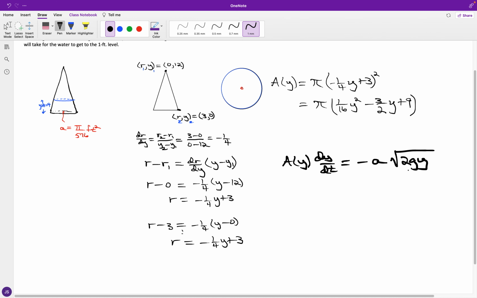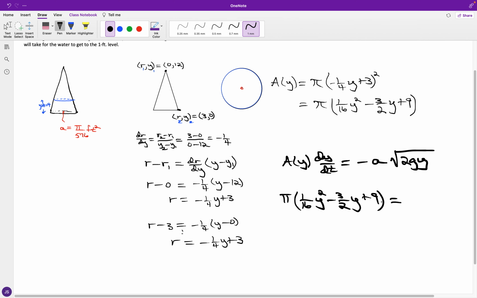and we are going to have the same setup as what we did with the cubical tank, same numbers, but for the cross-sectional area, again, you have pi times 1/16 y squared minus 3/2 of y plus 9.